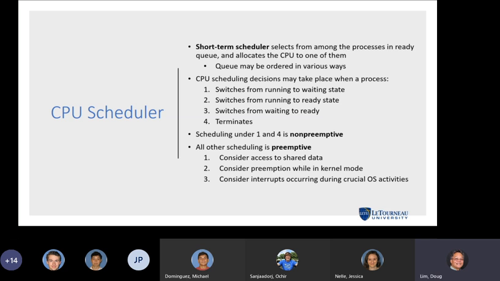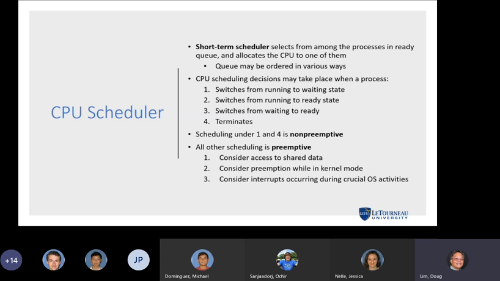The decisions are: switching from running to waiting, where one example is I have an I/O operation I'm waiting on, which puts me into the waiting state. Switching from running to ready, where I'm ready to run, but the scheduler decides to let someone else work.